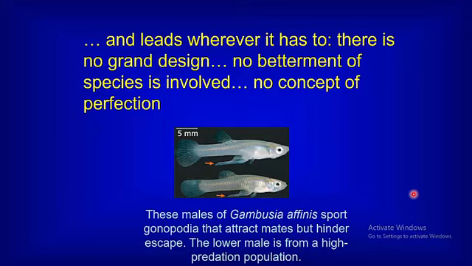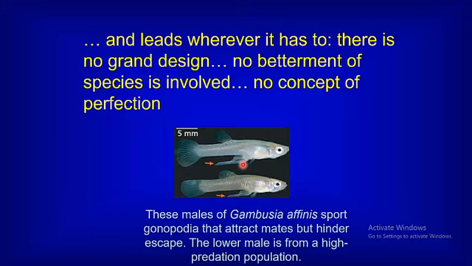And so, just to give you one more example of this, there is a fish species called Gambusia affinis, and these guys have these things known as gonopodia in the males, which end up attracting the females.